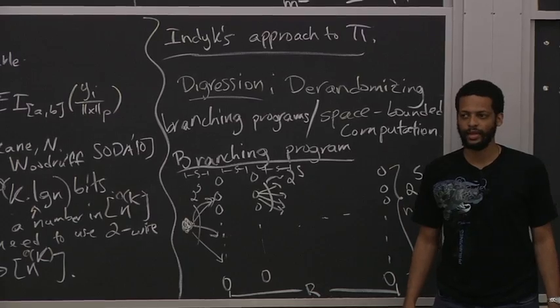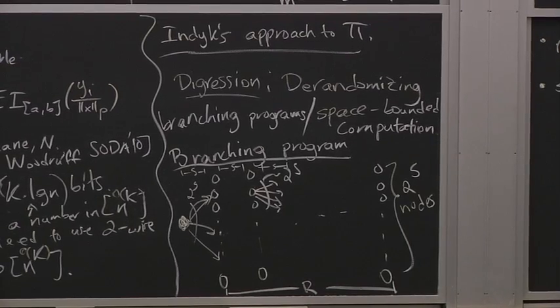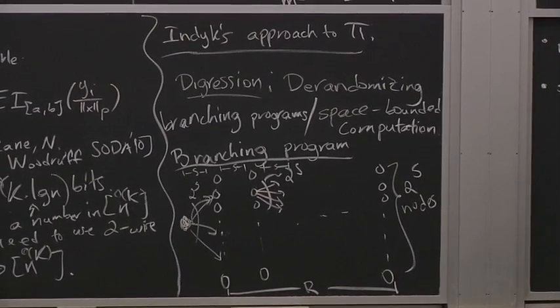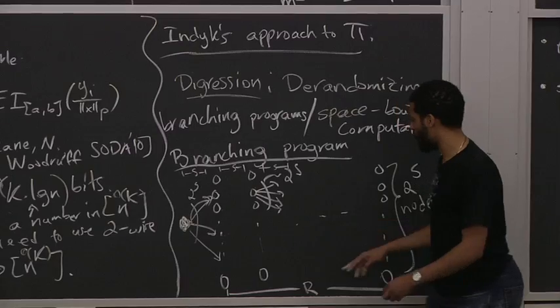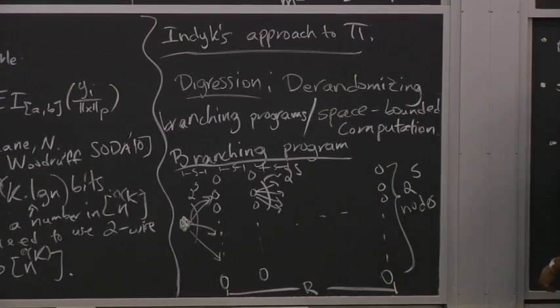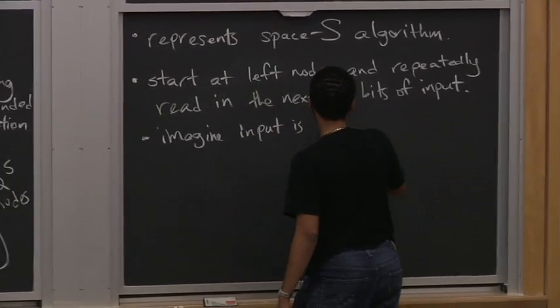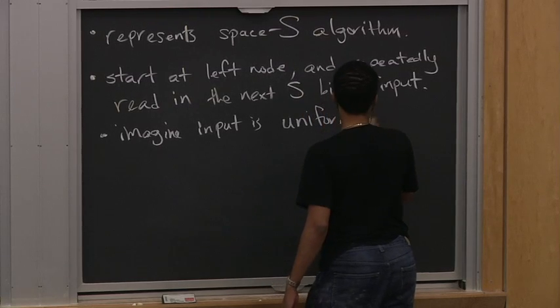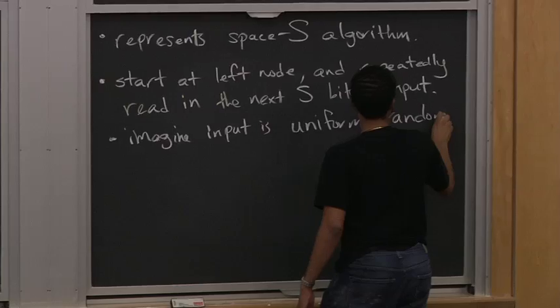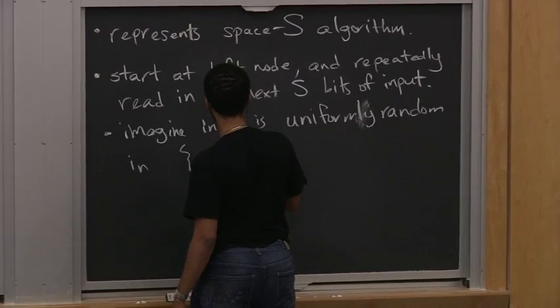Okay? And what we're going to be focused on, to apply to the index algorithm, is ways of feeding in. So imagine the input is a uniformly random bit string in {0,1}^RS.